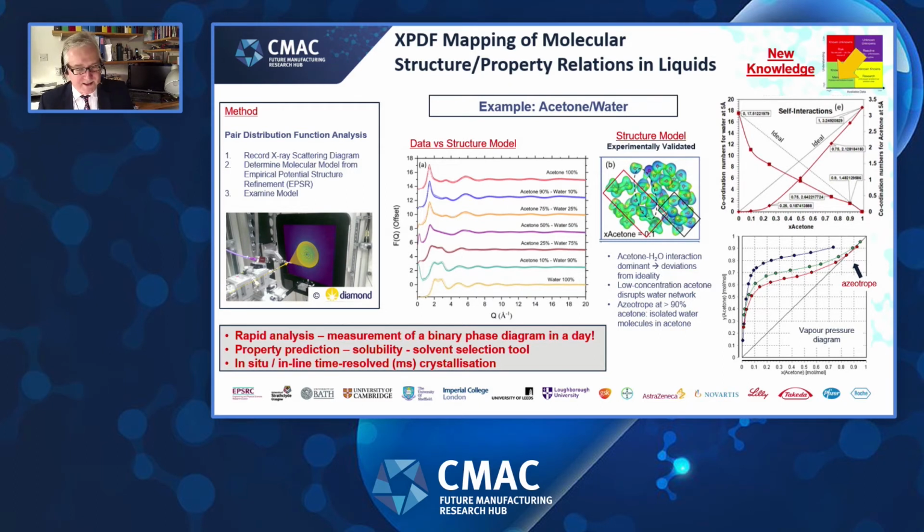We can also understand the variability of solubility, dipole moments, and so on in these systems as a function of composition. The nice thing is it's quick, so you can do your whole binary phase diagram, for example, in a day now, and we can do in situ and inline time-resolved crystallization measurements as well.